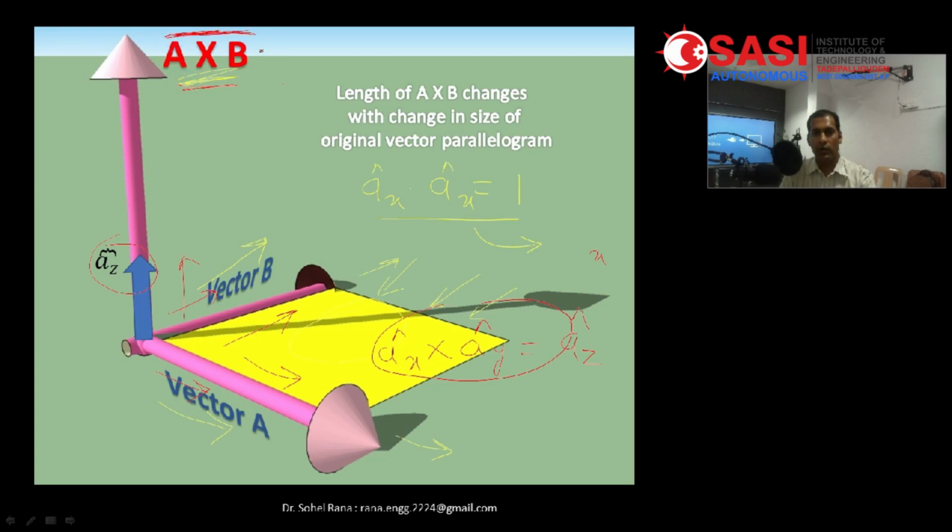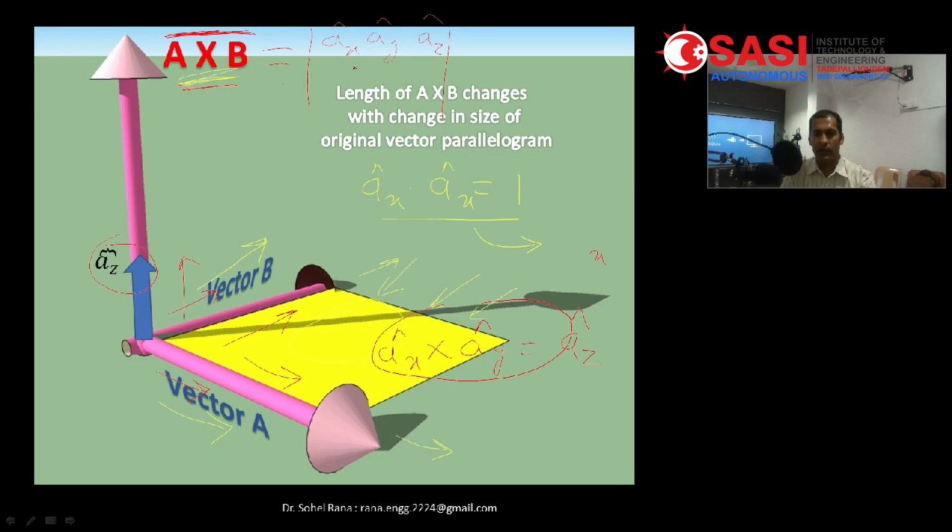If you want to solve this A bar cross B bar, so what will be the answer for this? It is solved by taking the matrix of, first we'll take the directions, say AX cap, AY cap and AZ cap.